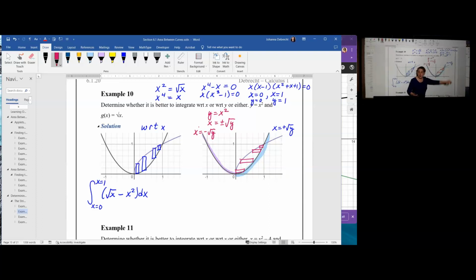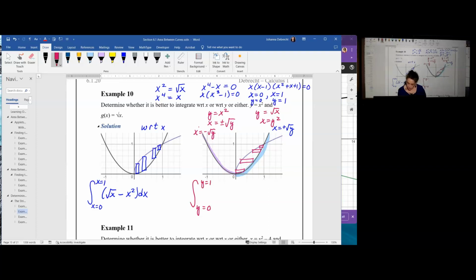Then we would have to solve the square root function for x in terms of y. This would be y equal the square root of x. We'd have to square both sides, which would give us x equals y squared. To do it with respect to y, I would integrate from y equals 0 to y equal 1.